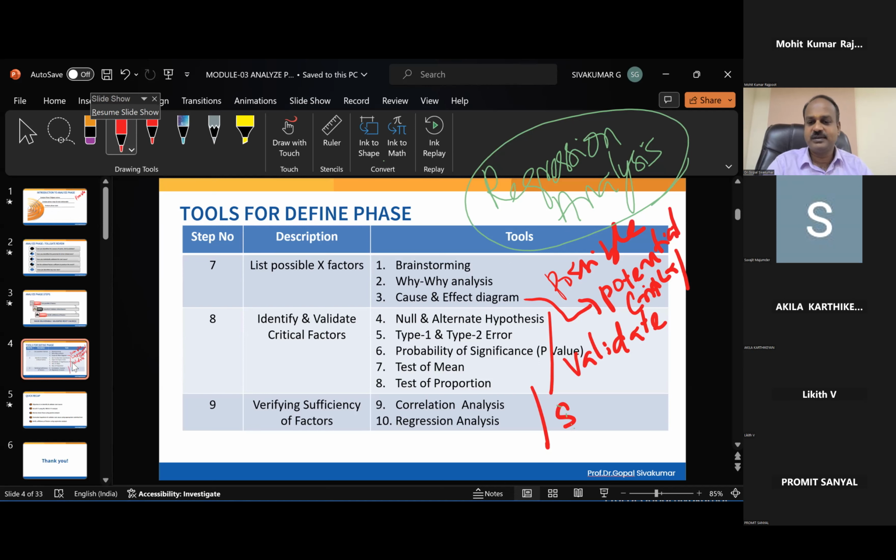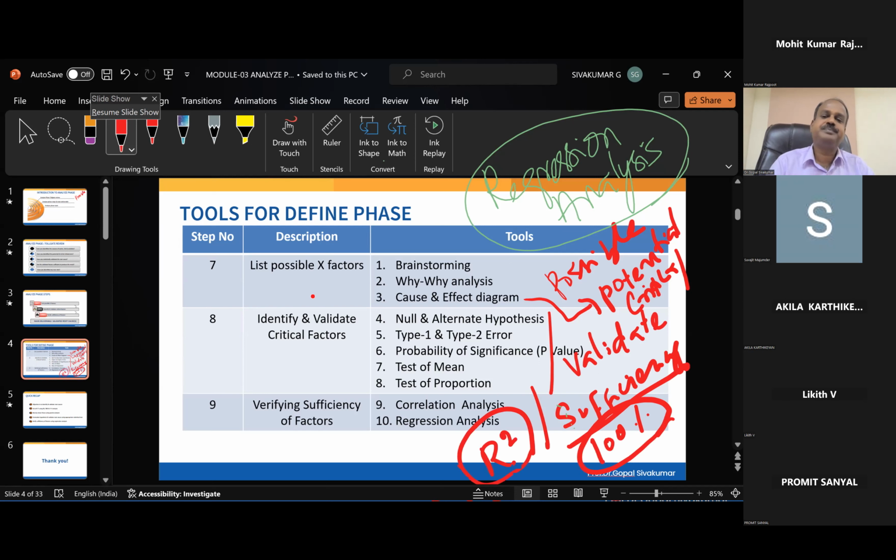And these tools will talk about the sufficiency. Now, do you know the meaning of sufficiency? Whether you are going to recover the loss by 100% or you are going to recover the loss by 80%. The important tool is R square.